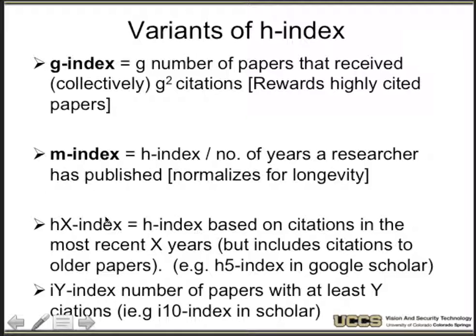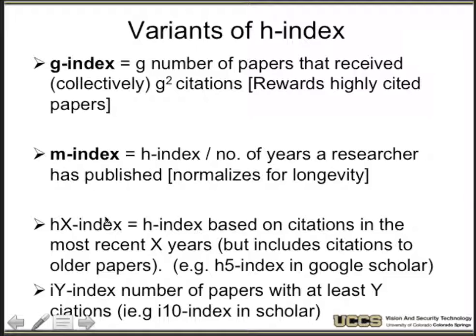The I10 index is the number of papers that have at least 10 citations. So in Google, the I10 index of a scholar tells you how many papers they have that have been cited at least 10 times. And 10 times is sort of a paper that's had some level of impact, right? So I have 300 and some papers. I have 110 as my I10 index or something like that.